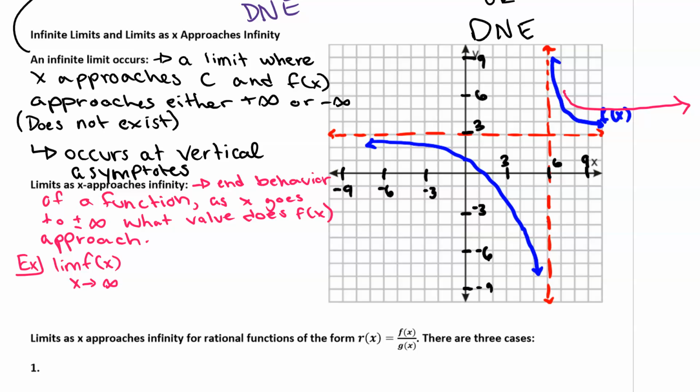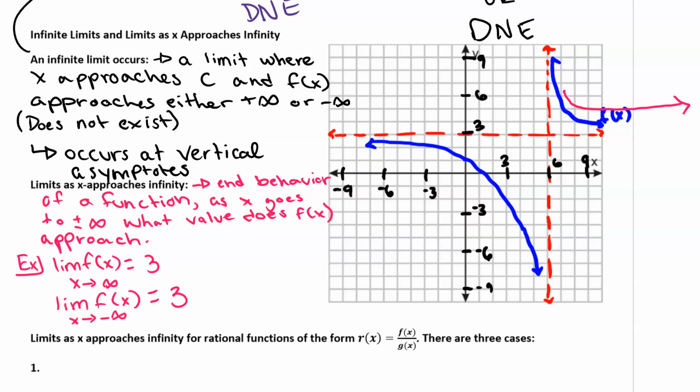So we're going off to the right, and it approaches that horizontal asymptote of 3. And then if we go in the other direction, as x approaches negative infinity, we'd be on the other curve, and as we go all the way to the left, we also approach that horizontal asymptote of 3.